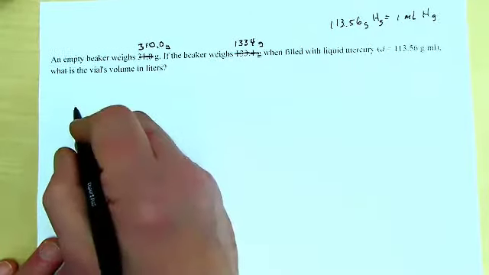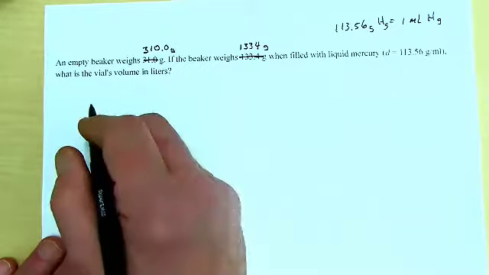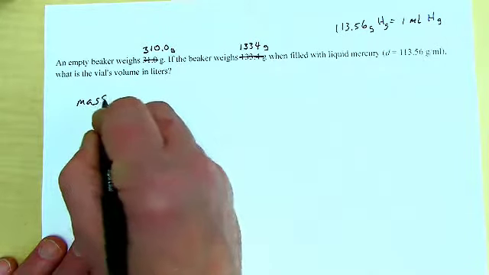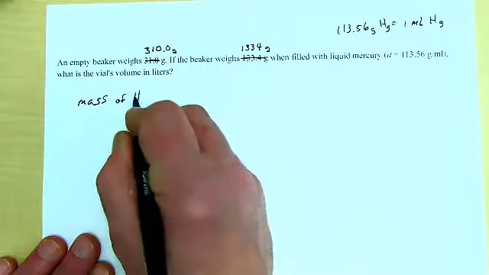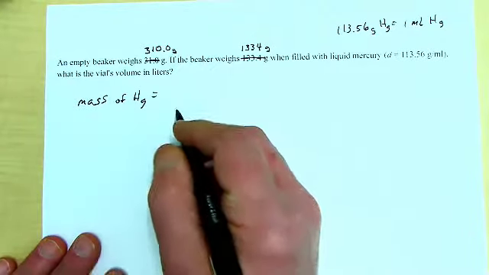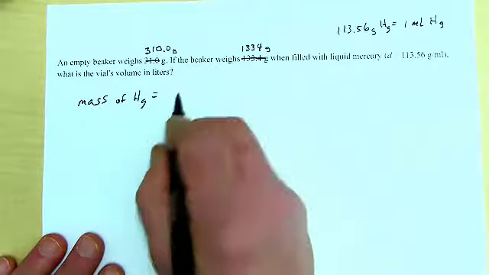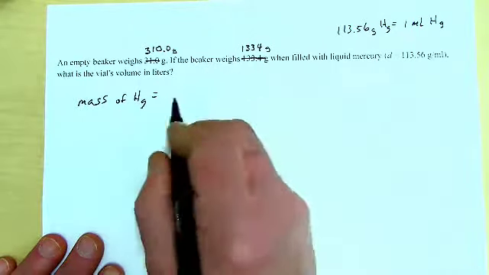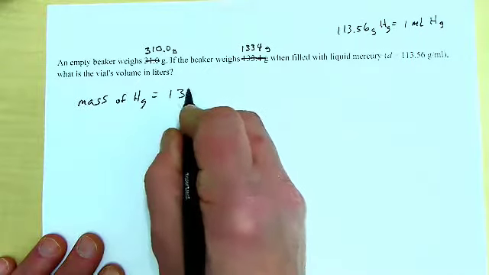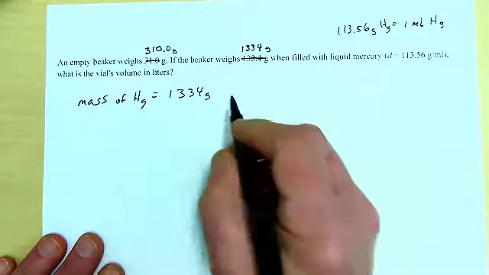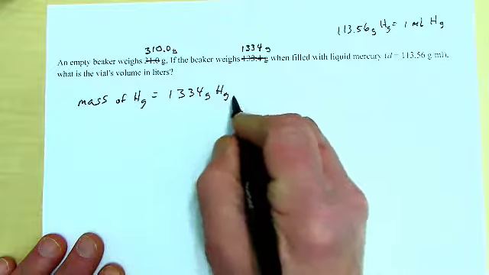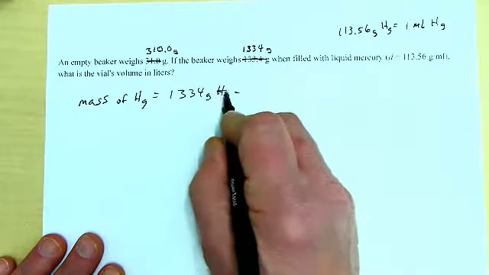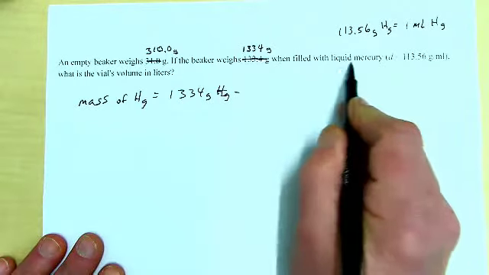So how much mercury is here? We want to find first the mass of mercury, and this is going to be the 1,334 grams of mercury minus, or actually this is the mass of the beaker filled with mercury.